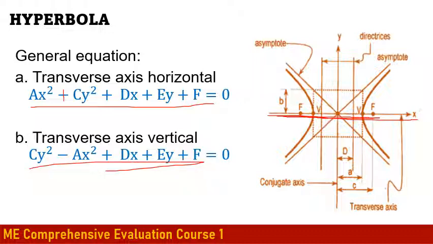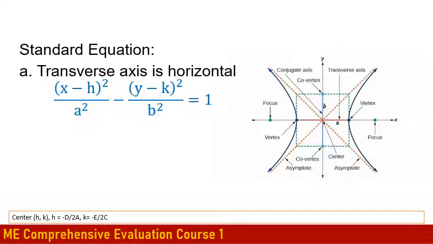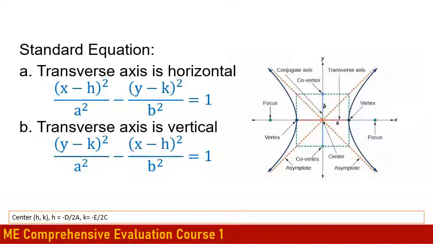So you can readily spot whether it's an ellipse or hyperbola based on the equation. For the standard equation for a transverse axis horizontal hyperbola, it would be written this way. If it is a transverse axis vertical, then it would be written this way. So you can see here that unlike the ellipse, the sign in between them would be negative.